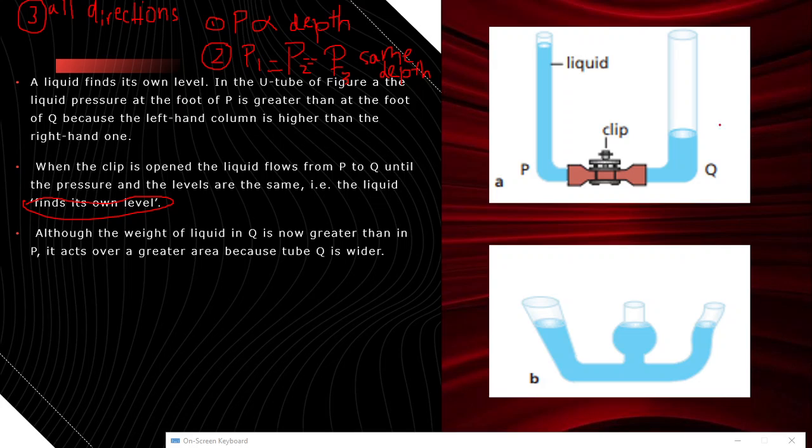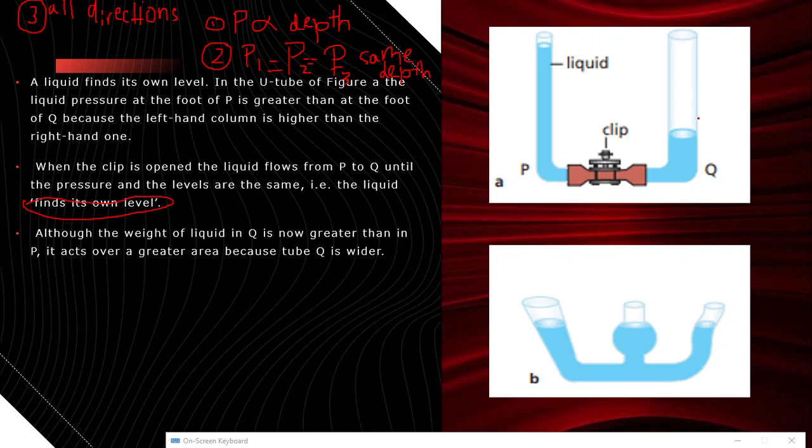So height multiplied by the cross section area gives us the volume, and from volume and density we find the mass, and from mass we get the weight. So the force exerted by the liquid in the thicker tube, or the wider tube, is going to be greater.